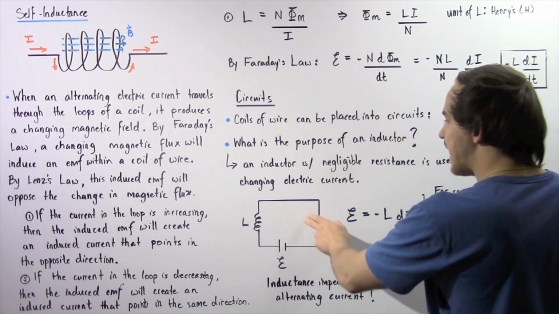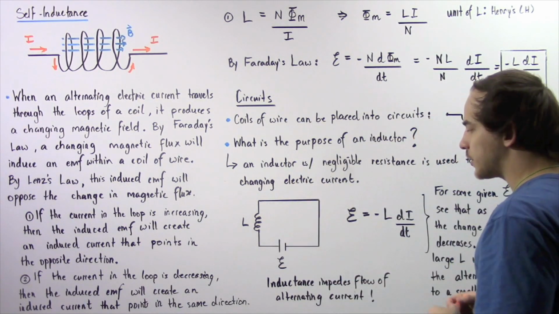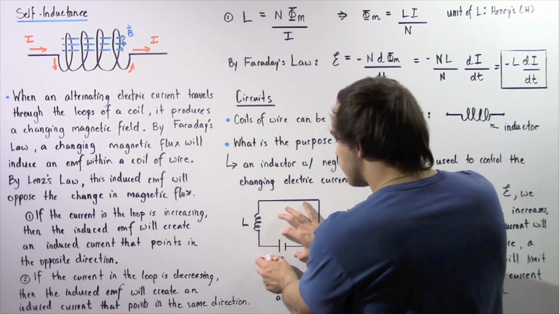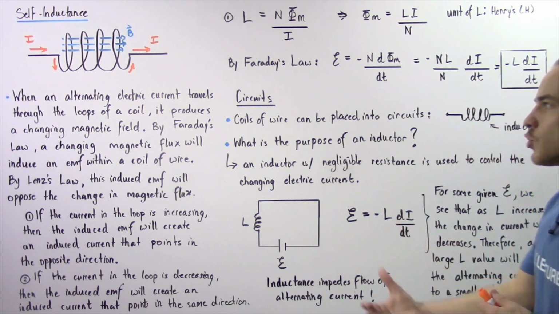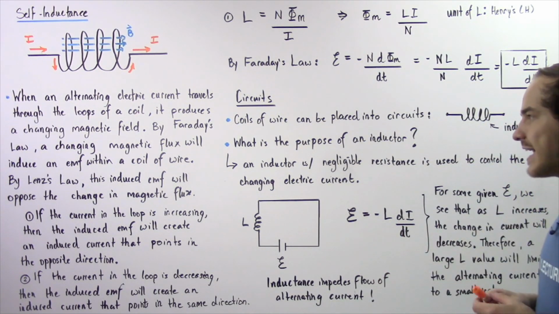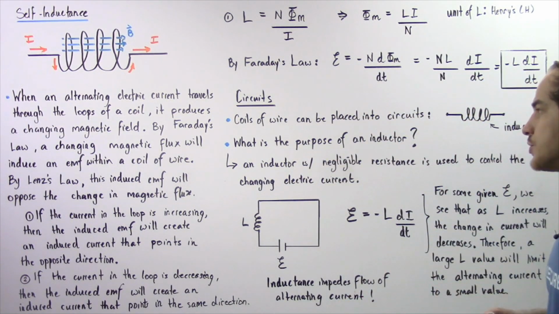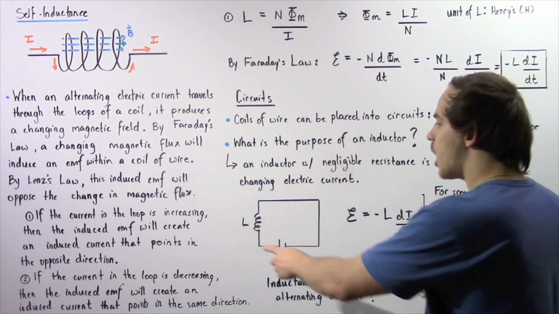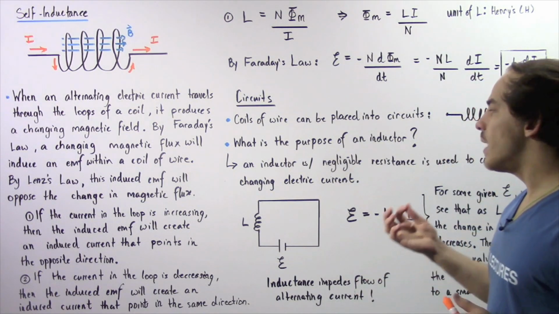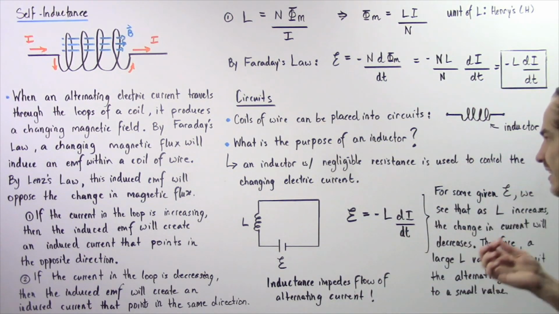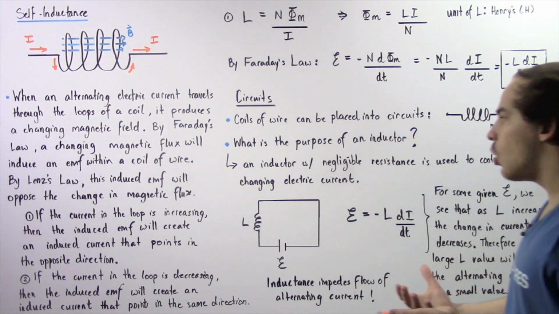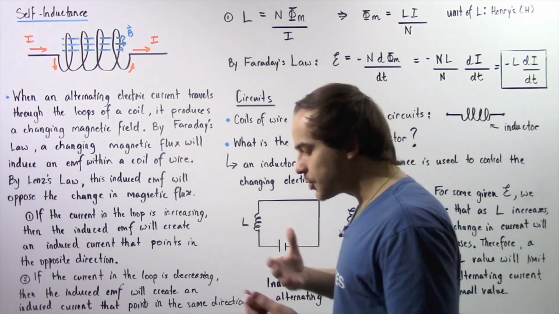So let's suppose we have the following electric circuit. So we have some type of voltage source, and that creates an alternating electric current which travels through our electric circuit. So what is the purpose of our inductor? Now, an inductor with a negligible resistance is used to essentially control the changing electric current.